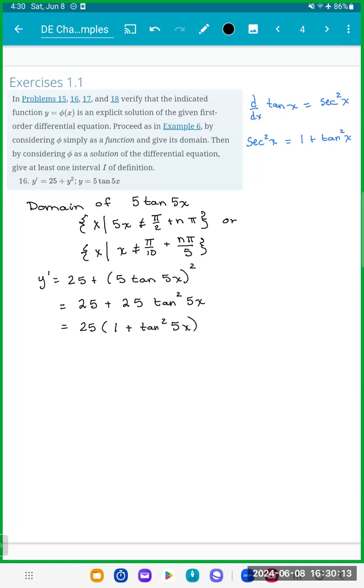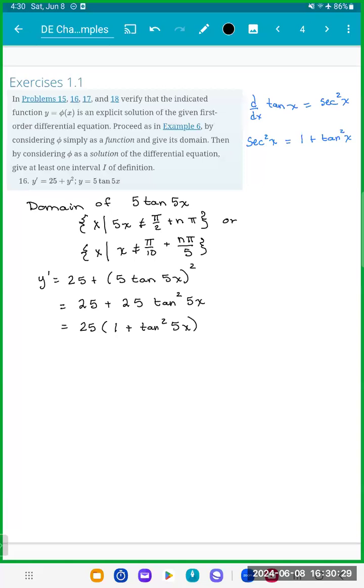Now we can see that this does in fact give us an interval for this definition.